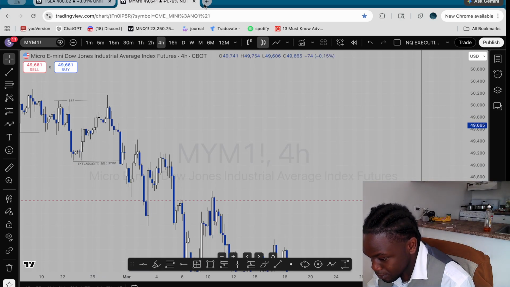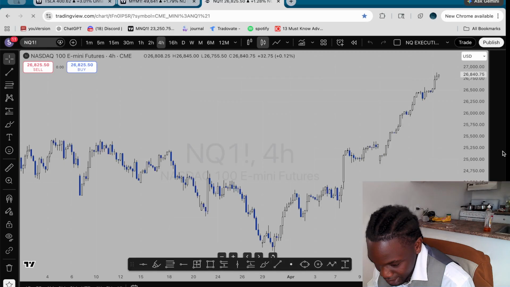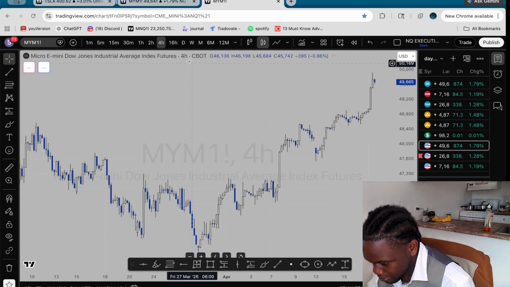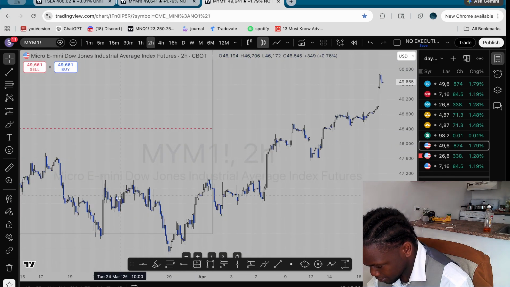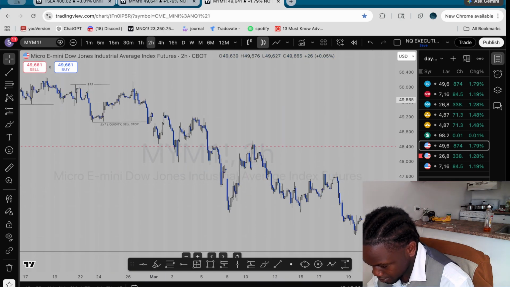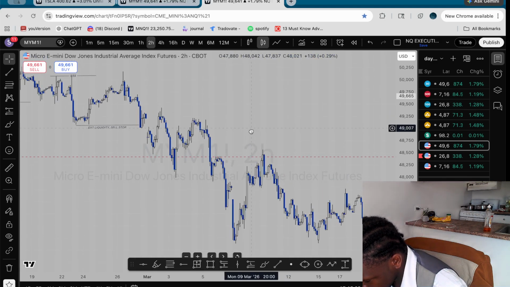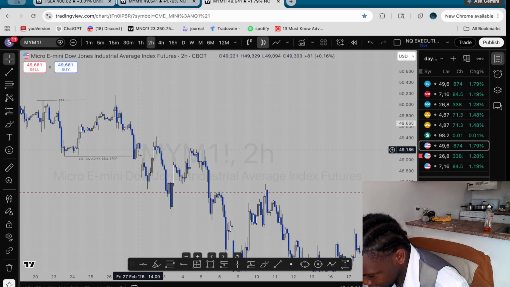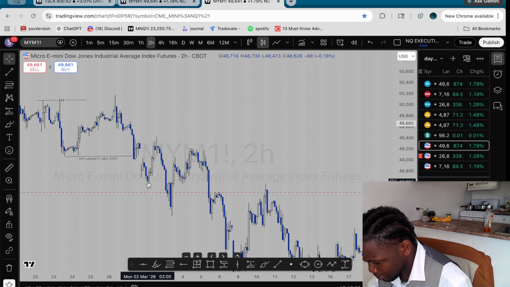Now, if you go to a 2-hour chart, because you won't see this properly on the 4-hour, if you examine the 2-hour chart, you see that price, after breaking this structure here, price tried to trade back into a gap before failing. So this actually held as a rejection block before failing. Creates a new low.